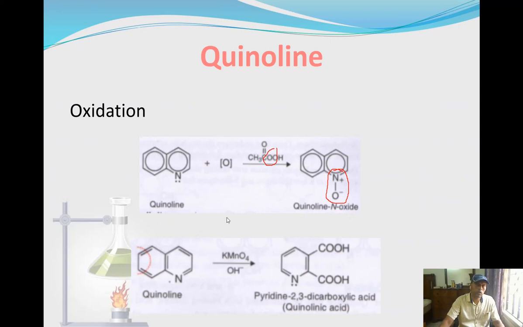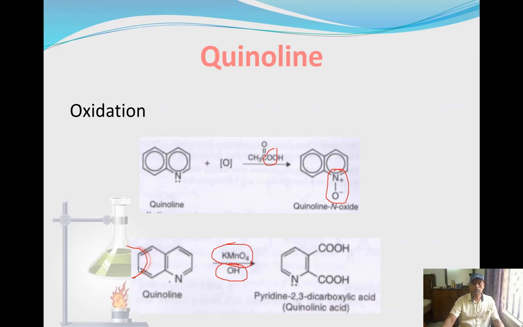If you further use a drastic condition, a stronger oxidizing agent like potassium permanganate in basic condition, the benzene ring is going to open. Because of that you are going to get pyridine-2,3-dicarboxylic acid.